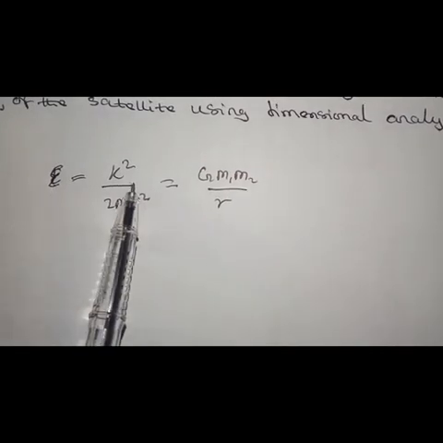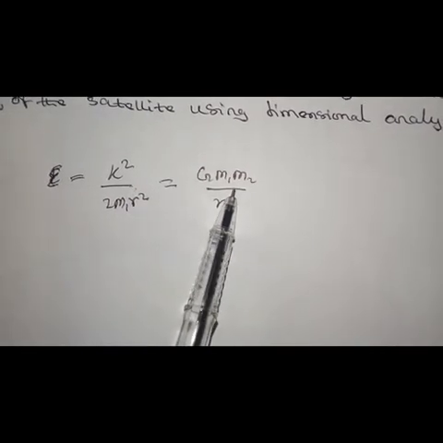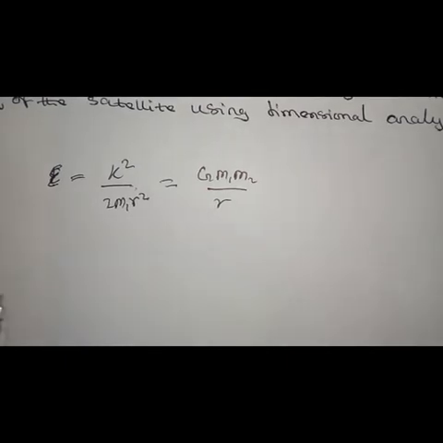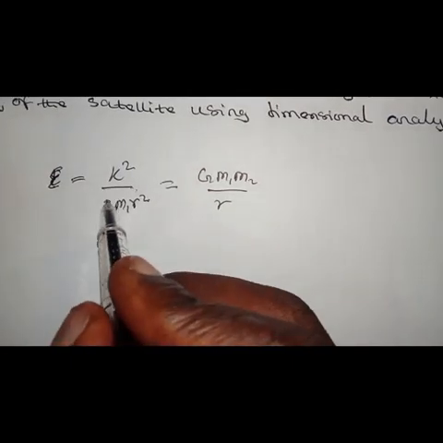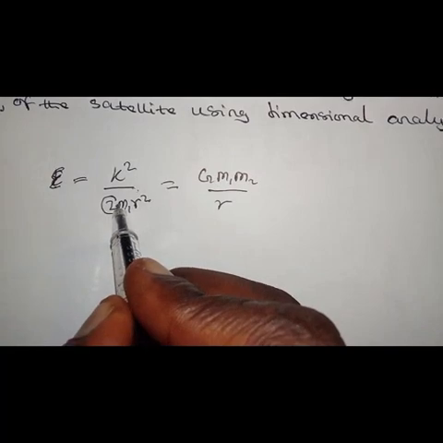This term is equal to this term and it is equal to this term dimensionally. And remember, I told you that in dimension, a constant is not used. The constant is insignificant in determining dimension.